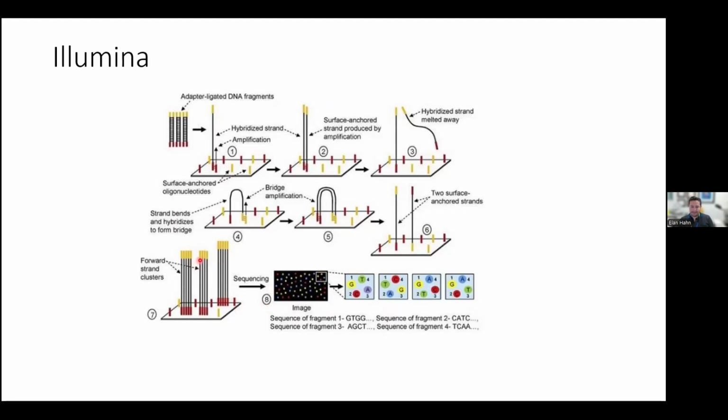So what happens next is fluorescent-labeled modified nucleotides are added together all at once with reversible chain termination. It's repeated cycles of adding a nucleotide, detecting the fluorescence, taking a snapshot, then removing the fluorophore and doing it again.